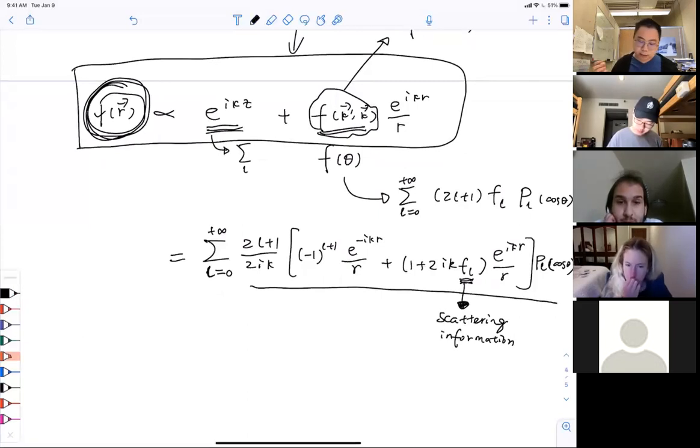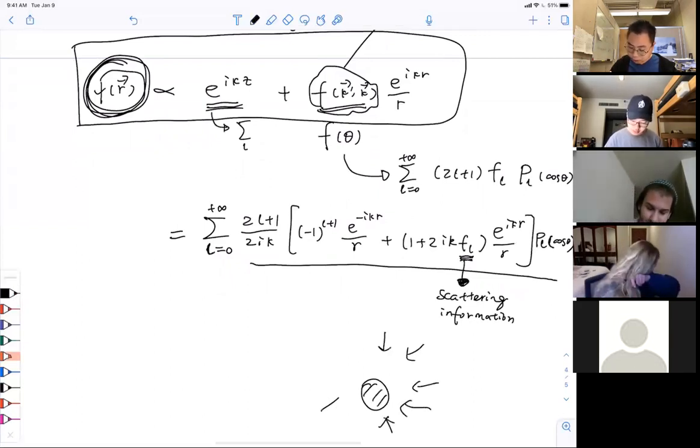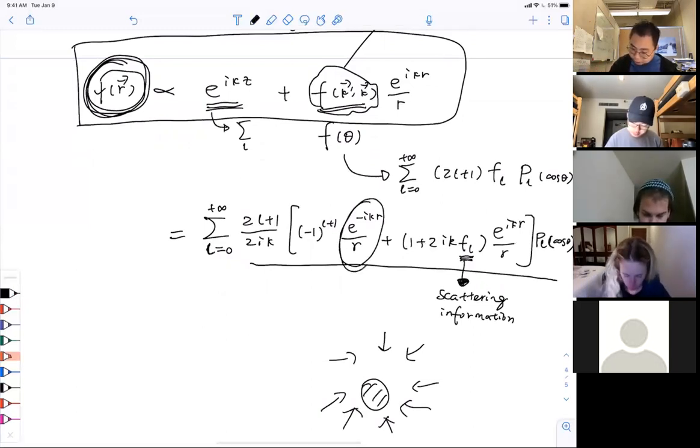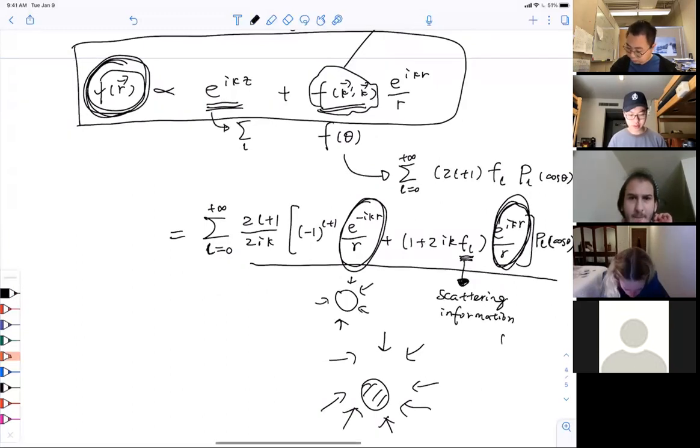Another thing we need to know is that the number of particles is conserved, meaning that the magnitude of the incoming wave should equal the magnitude of the outgoing wave. This corresponds to the incoming one, and this is the outgoing.